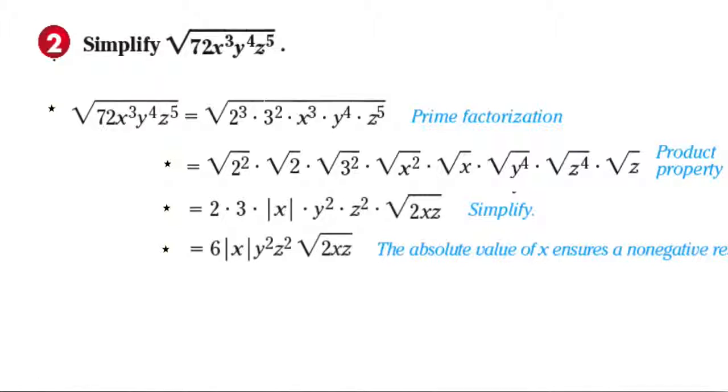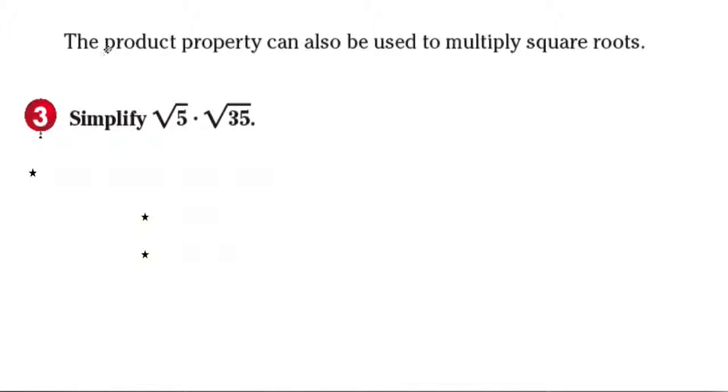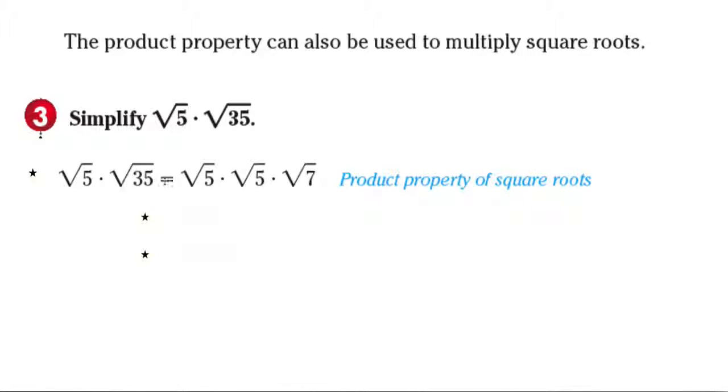So, on example 3, the product property can also be used to multiply square roots. If you want to simplify radical 5 times radical 35, copy the problem. You can say that radical 35 is the same as radical 5 times radical 7, again the property of square roots.